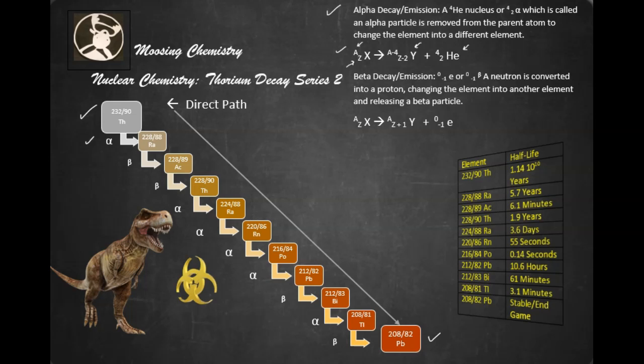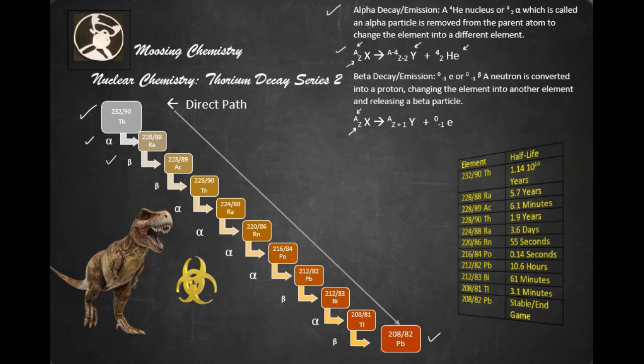Okay? This funny looking B is our beta particle, and it's beta decay emission, so it's 0, negative 1e or 0, negative 1b, and a neutron is converted into a proton, changing the element into another element and releasing a beta particle. Again, remember that A represents our atomic mass unit, the number of protons and neutrons in the nucleus of an atom, and Z represents the atomic number, which is the number of protons in the nucleus of an atom.